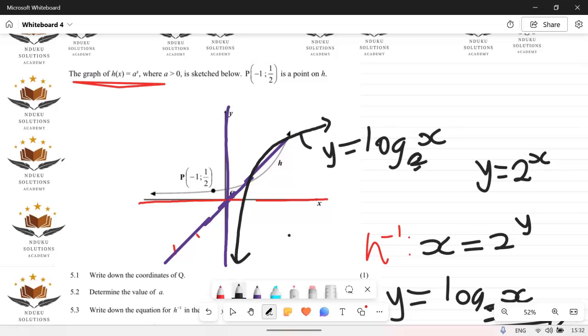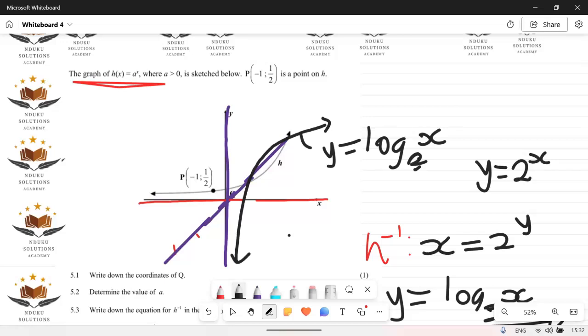The graph was very close to the negative side of the x-axis. It will now be very close to the negative side of the y-axis. It was moving away from the positive side of the x-axis, and it will now be moving away along the positive side of the y-axis. So it just becomes very easy to get the shapes correct.